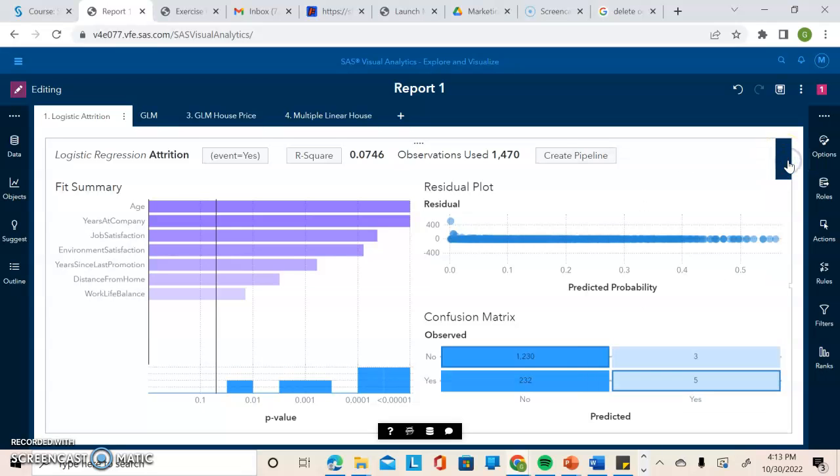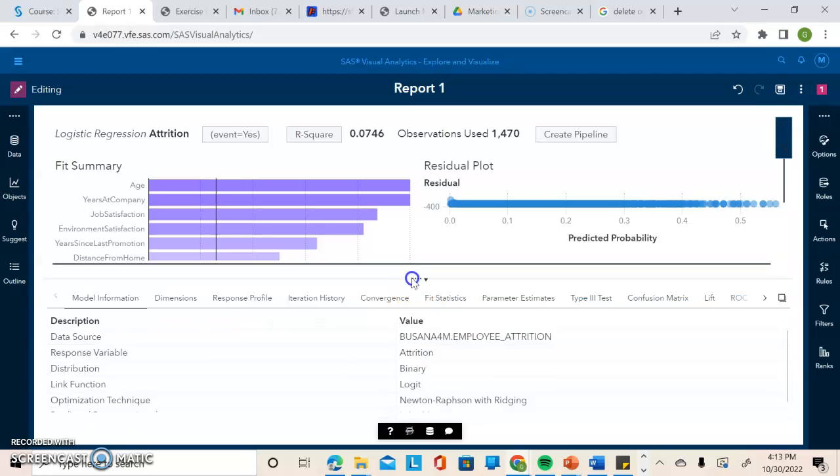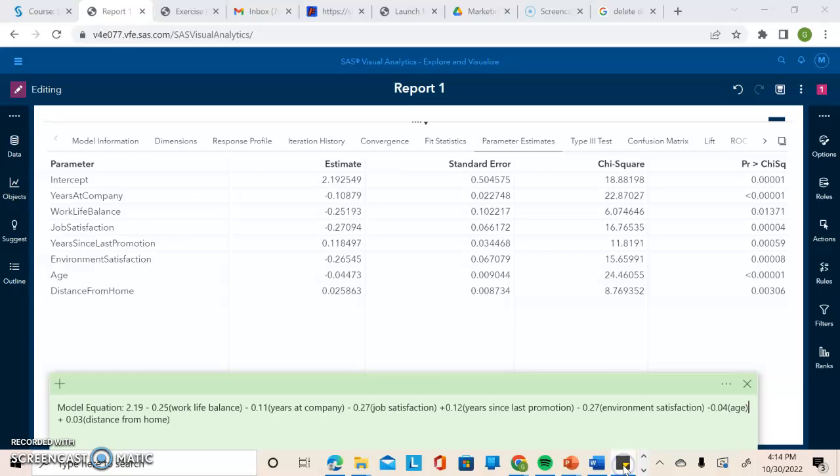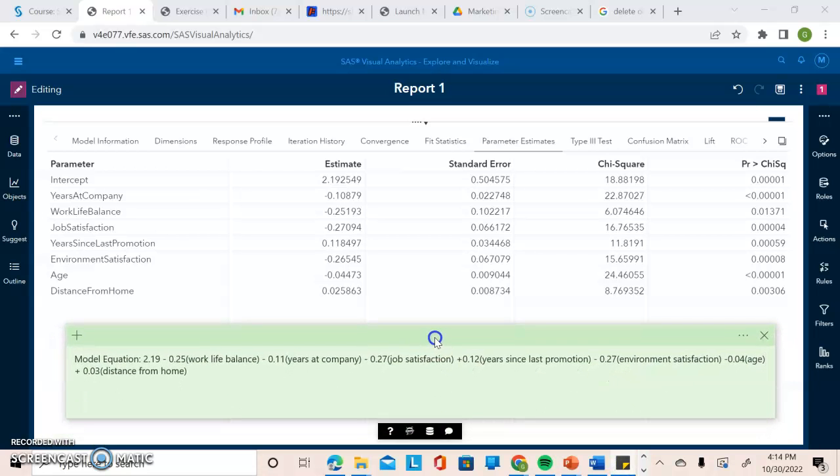So if we maximize this, we can go to our parameter estimates. And I went ahead and wrote out the model equation here.